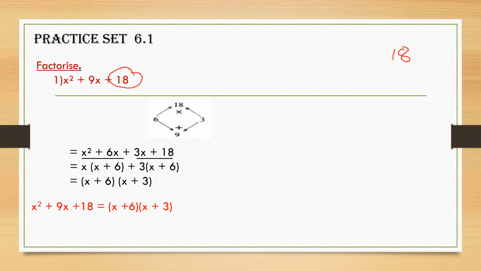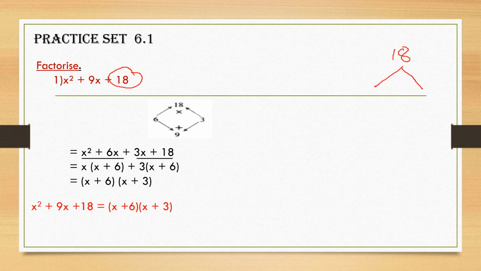Now to factorize this, first we need to split the middle term. For that, for the last constant term, that is 18, we find two such numbers that after multiplying those numbers we should get 18, and after adding those numbers we should get the middle term.